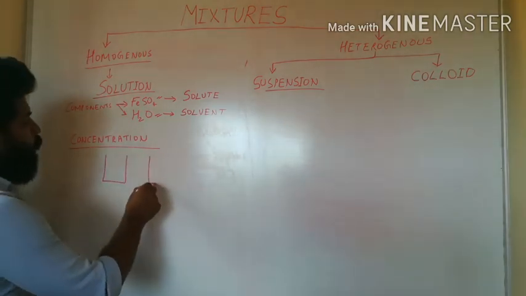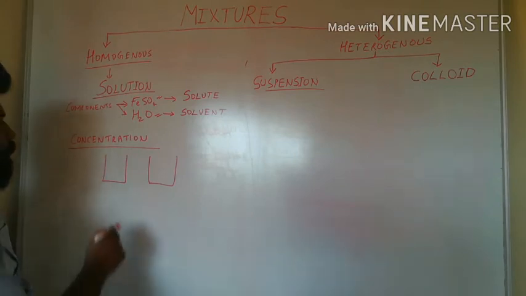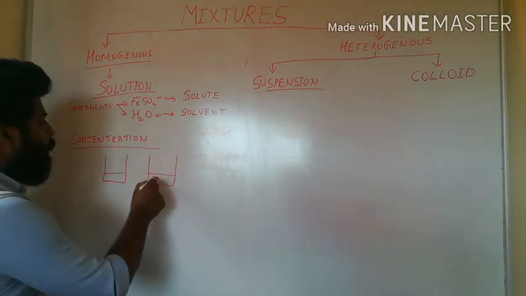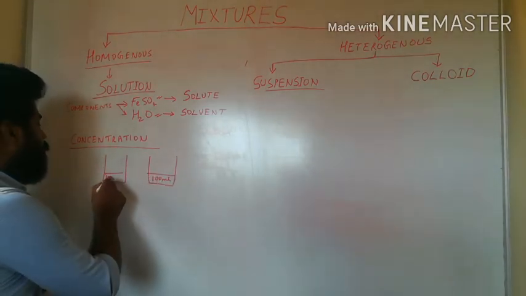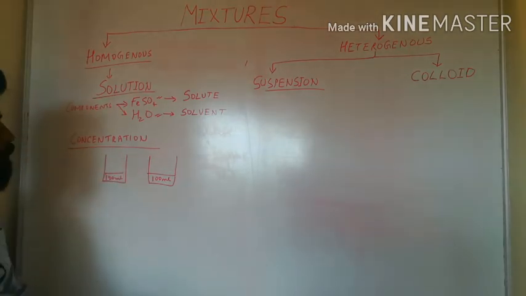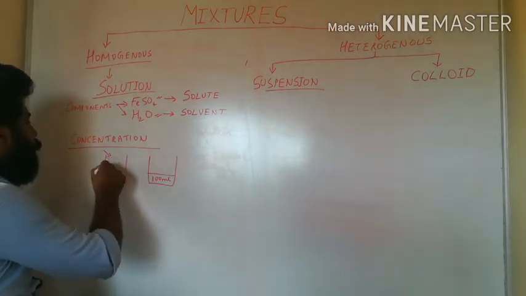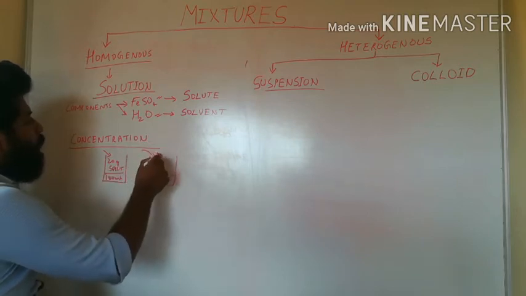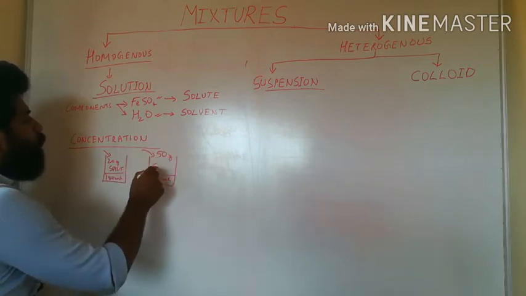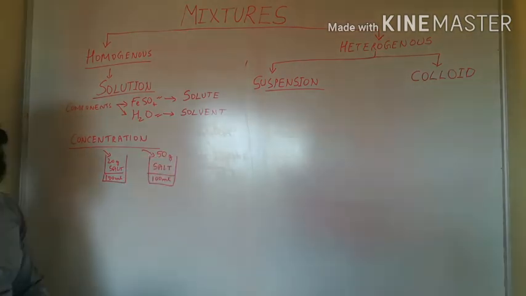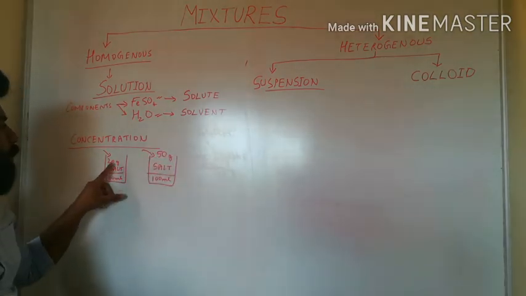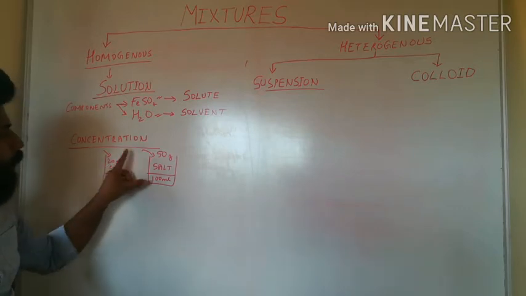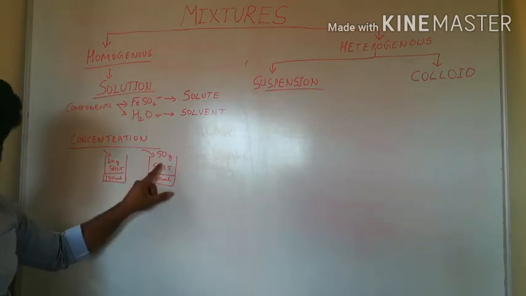There are two beakers, both contain 100 ml water. To this we add 20 gram of salt, and to this I add 50 gram of salt. In this case, the amount of solute is lesser when compared to the amount of solute here.